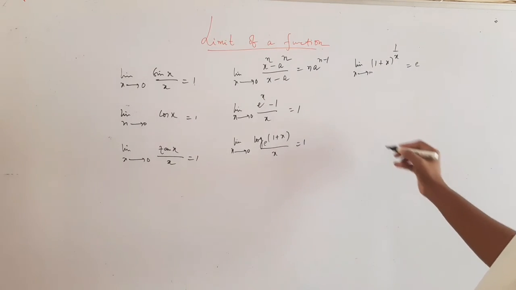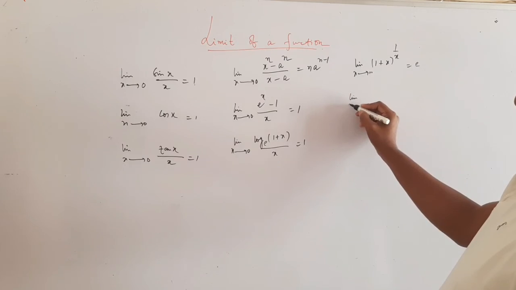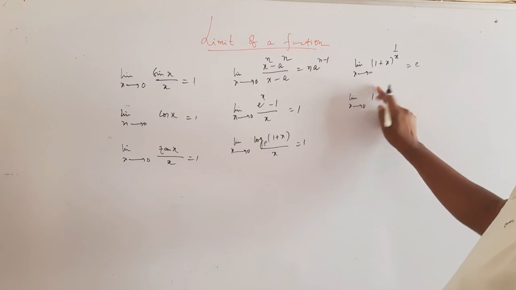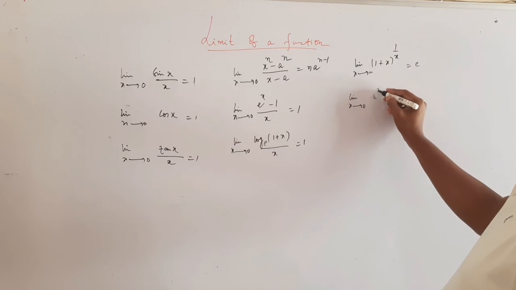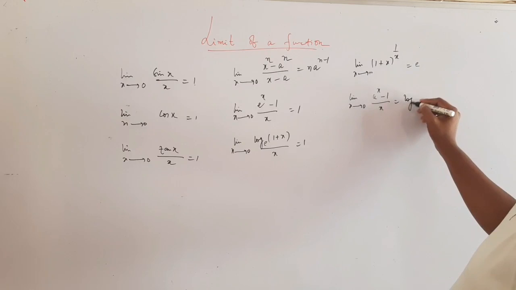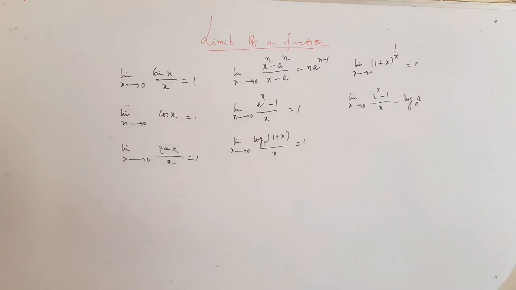And one more, this is limit x tends to 0, a to the power x minus 1 upon x is log a to the base e. So these are the basic formulas which we'll be using in our problems.